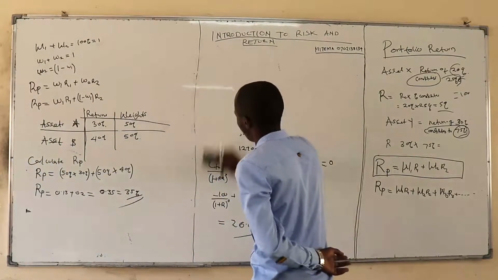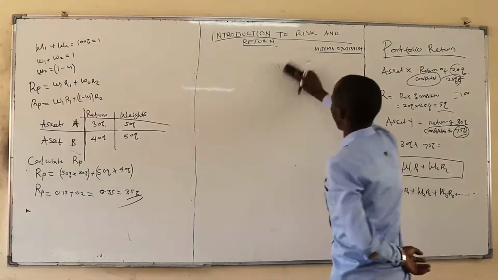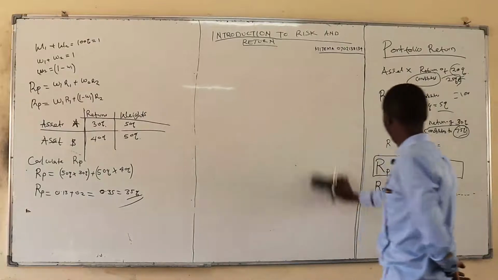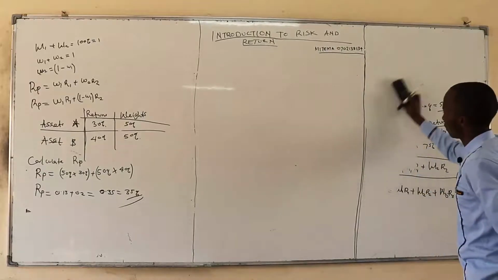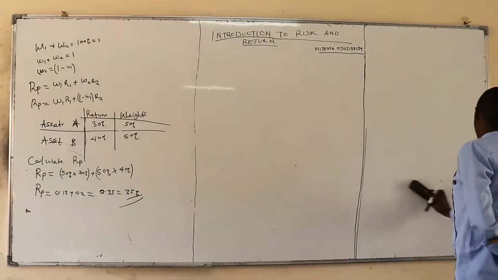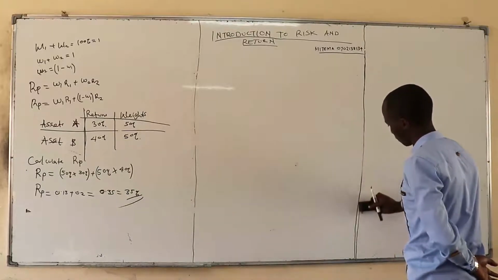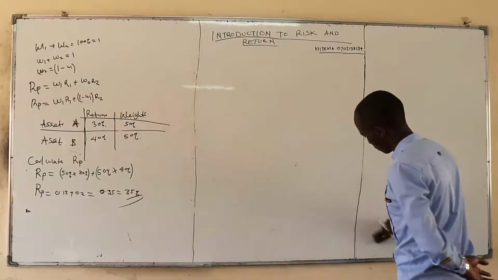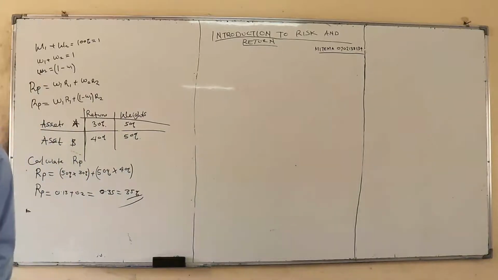Measures of risk. So the first measure we have is variance and covariance of returns.